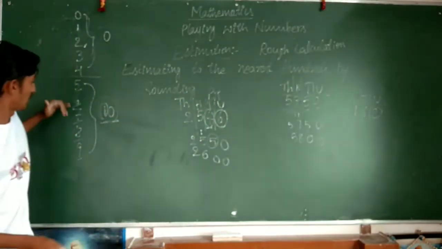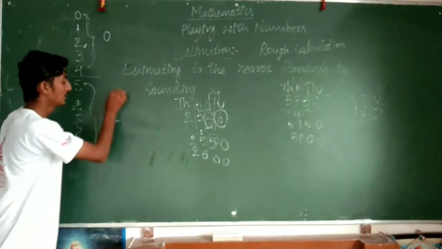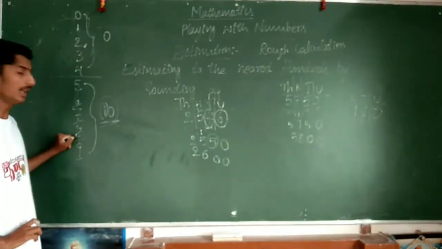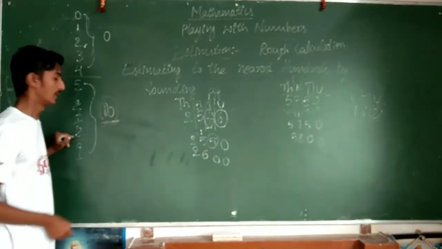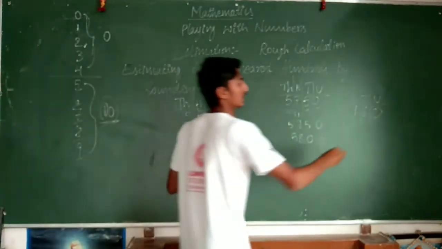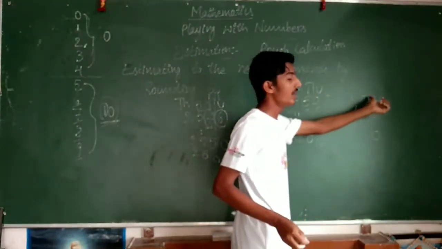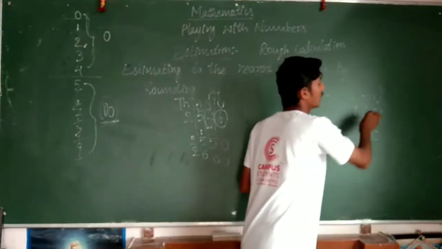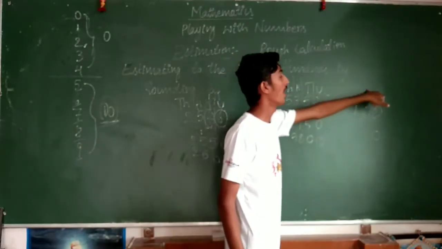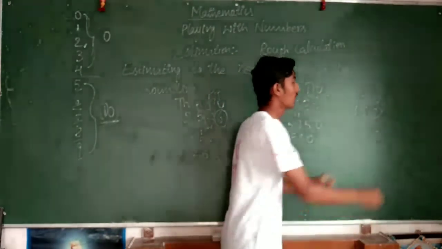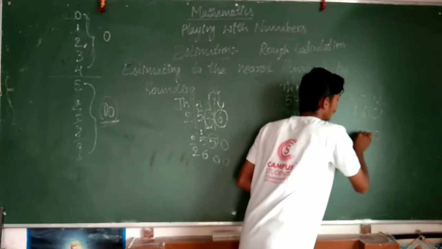So 8 comes across 10th division. That means we have to put a 10 instead of 8. Okay, now 0, and 1 is added to the 10 place. That means 1 plus 6, that is equal to 7.